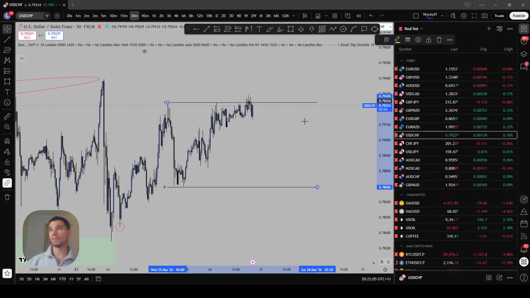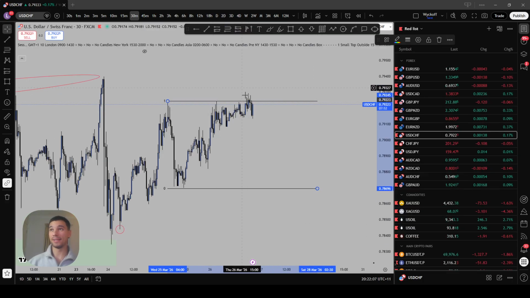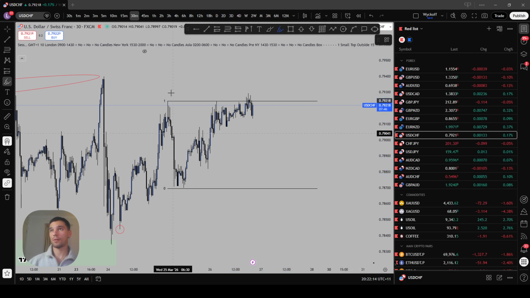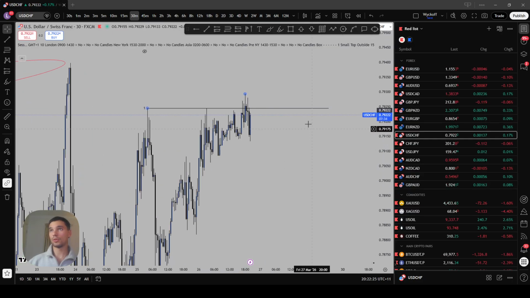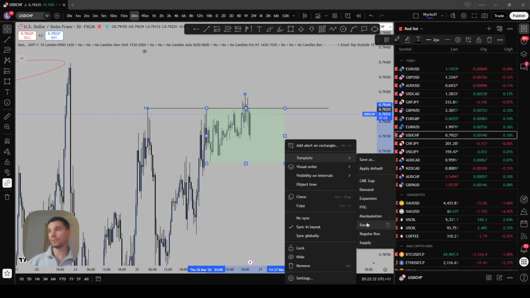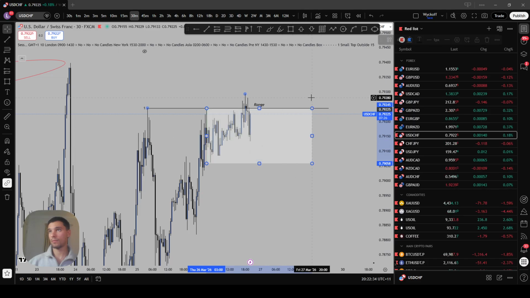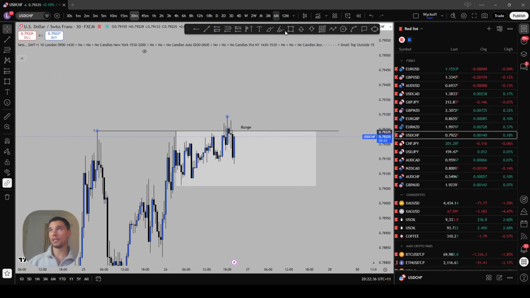Just an FYI, that is not a second tap, this is a second tap. But I can also kind of use this as my local range and catch a move in here.